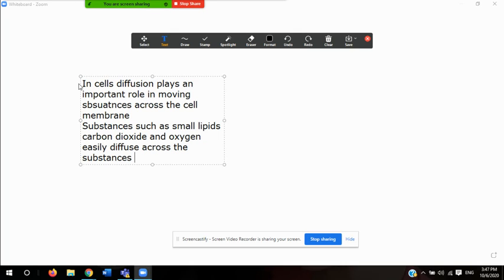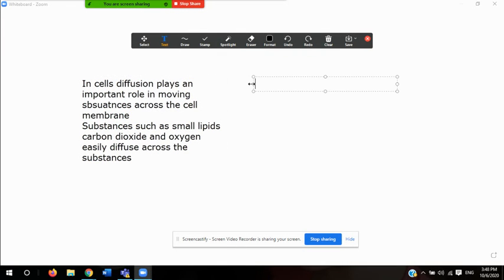Here's something that I think is important. It says that most of our cells constantly consume oxygen.